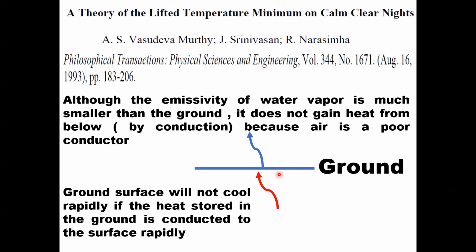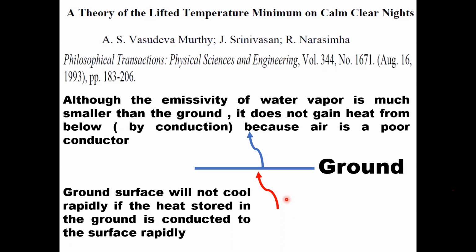But the ground, which is a good emitter of radiation, also gains heat from below the ground by conduction. So we found that when the conductivity of the ground is large, which is true in many cases, the ground cannot cool rapidly, although it is a very good radiative emitter, because heat is transferred from below the ground to the surface quite rapidly. So the main reason the minimum occurs above the ground is in those regions where the ground conductivity is quite large.